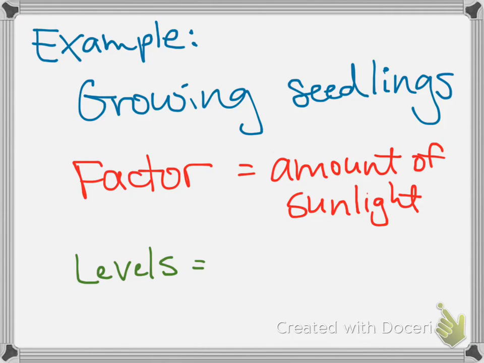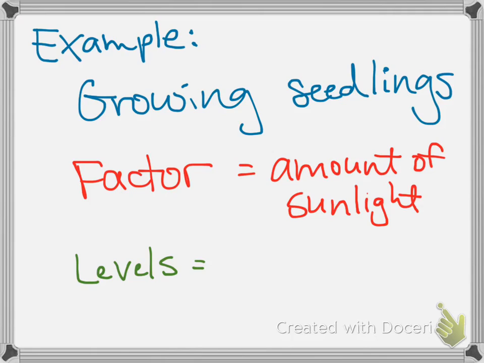Maybe back in grade school you had to do a little botany experiment where you were growing seedlings. One of the factors that of course impact how well or how fast seeds grow is the amount of sunlight they're exposed to. So we can consider the amount of sunlight our factor, and then we could conduct an experiment by varying that amount of sunlight that the seedlings get.